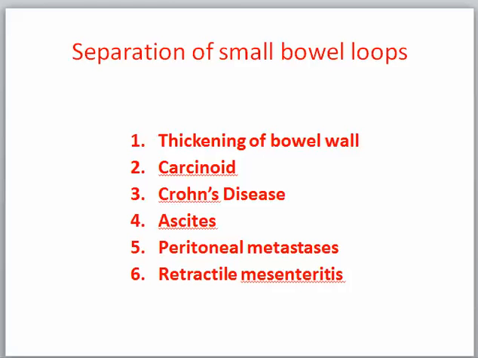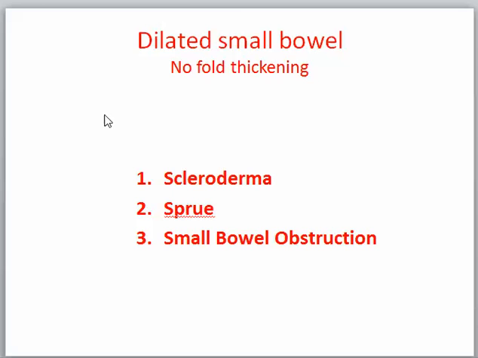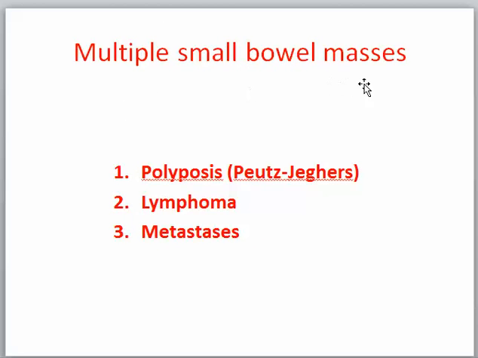Now, when we have separation of the small bowel loops without dilatation, this is dilated small bowel loops, scleroderma, sprue, and small bowel obstruction. And this is the multiple small bowel masses, which, as we said, from the mucosa, from the mural part, submucosal, or from subserosa as metastasis.